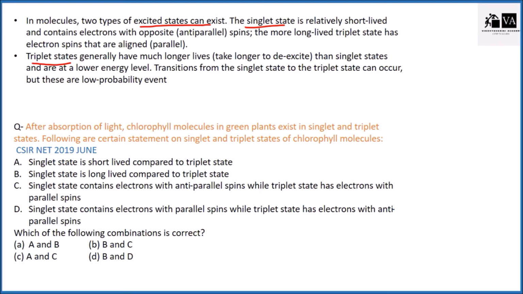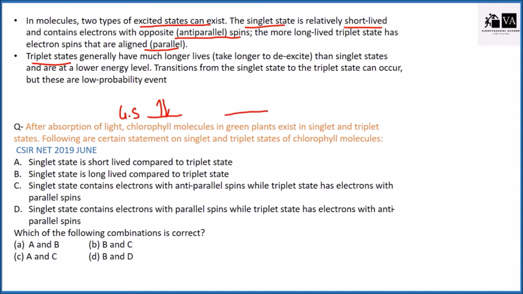Singlet state is short-lived. Antipolar spin is found in the singlet state, and polar spin is found in the triplet state. So why is it called singlet and why is it called triplet? Let's understand this with the help of an example. For example, an electron spin: an electron is present in its ground state.